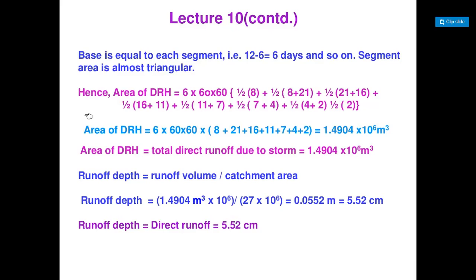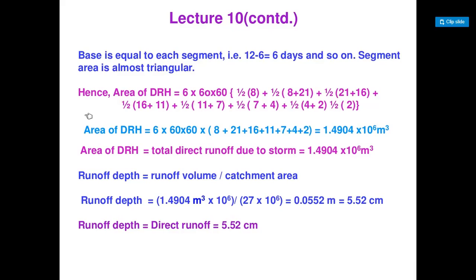The area of the DRH is 6 into 60 into 60 into 8 plus 21 plus 16 plus 11 plus 7 plus 4 plus 2, that is equal to 1.4904 into 10 to the power 6 meter cube. This is the total direct runoff due to the storm.